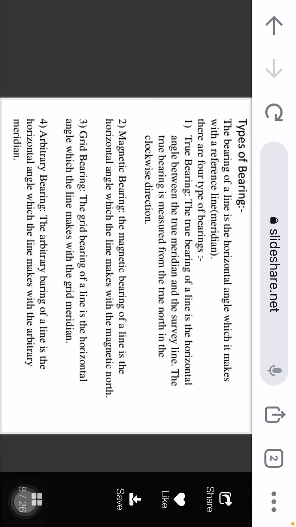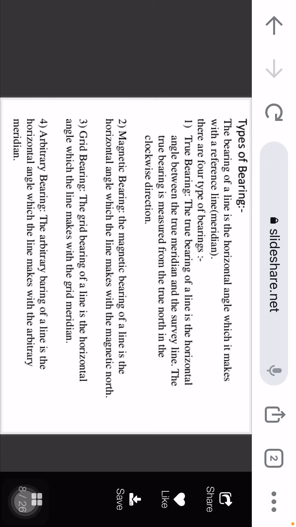Types of bearings. Bearing means the angular measurement with respect to some meridian. There are three types of meridians: one is true meridian, the second is magnetic meridian, and the third is arbitrary meridian. If you measure the bearing of the line with respect to true meridian, it is called true bearing.